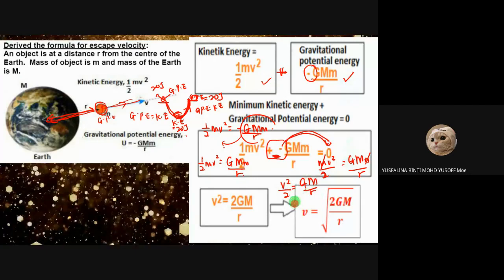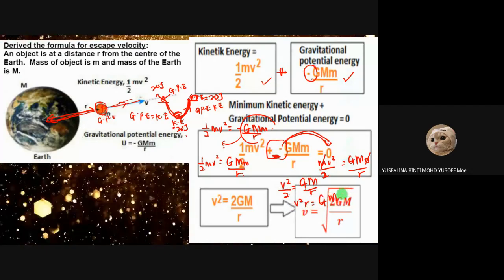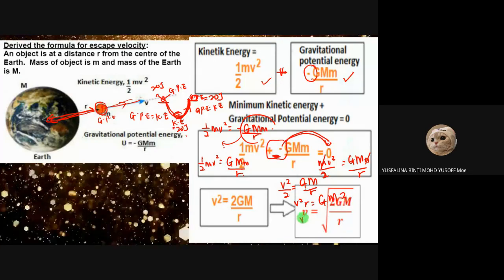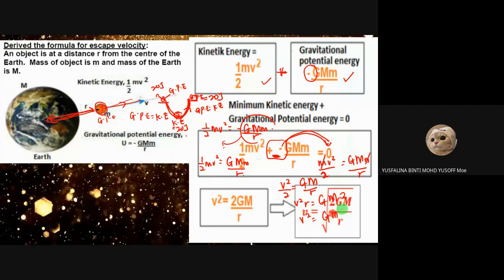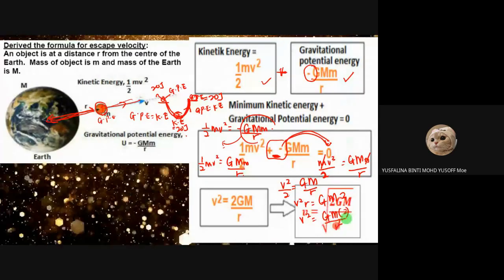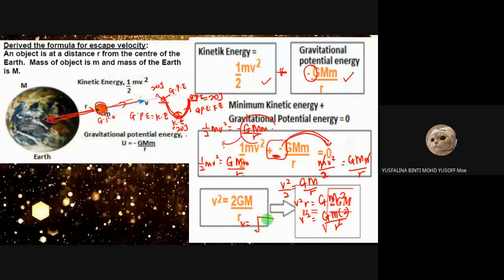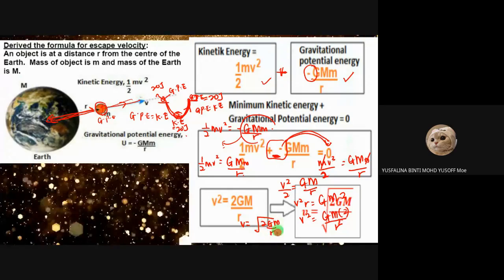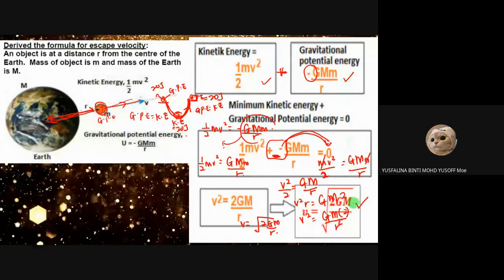Then you just cross multiply, so v squared equals 2GM, divided by r. So v is equal to the square root of 2GM over r. So you got the answer, and this velocity is the escape velocity.